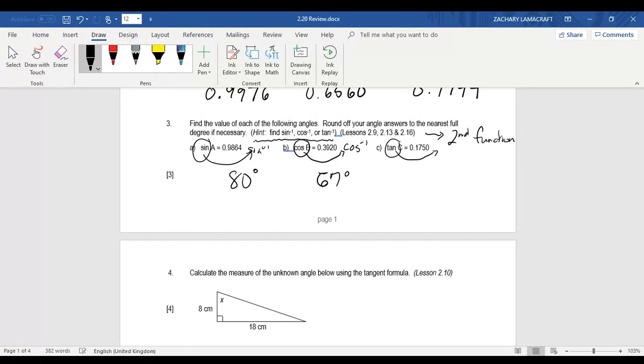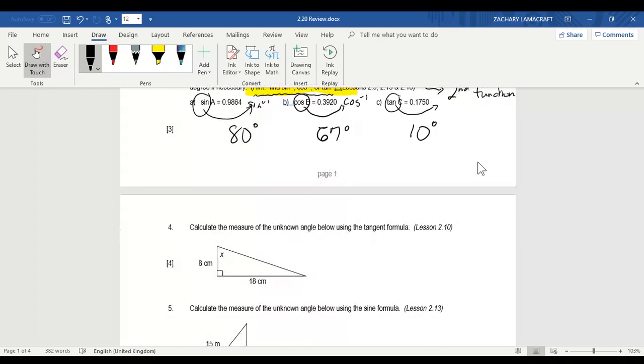So it'd be 0.175 second function tan -1. And I got 9.92 or 10 degrees. Once again, when we find the angles, we use these right here, okay? And it's important that we do that. All right, so 80, 67, and 10.